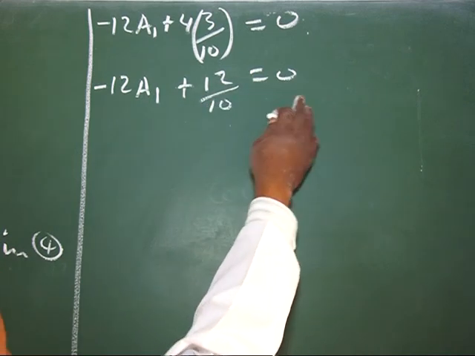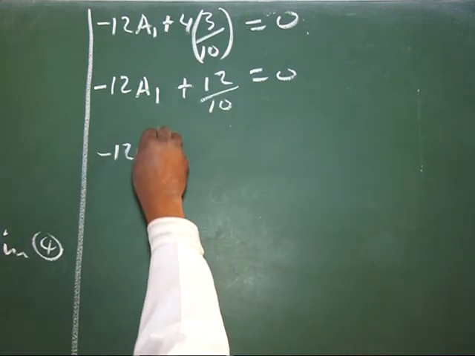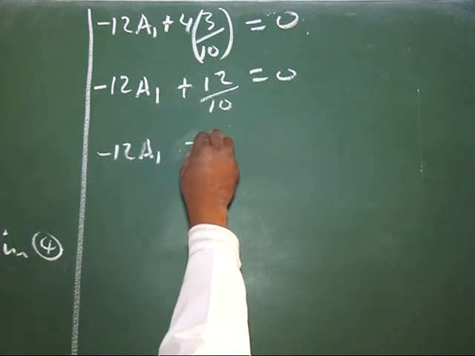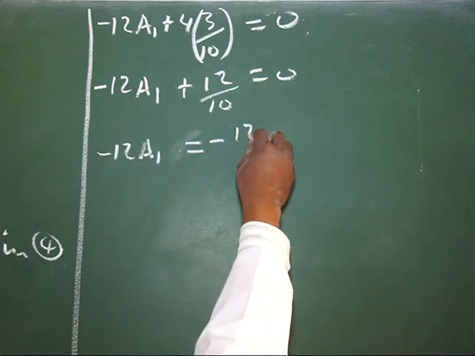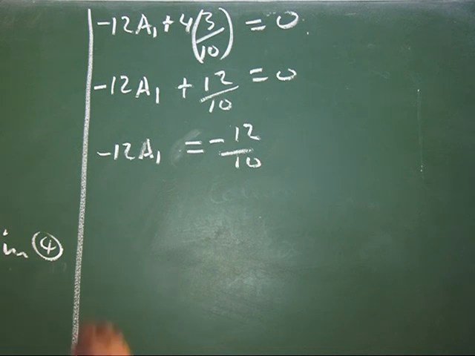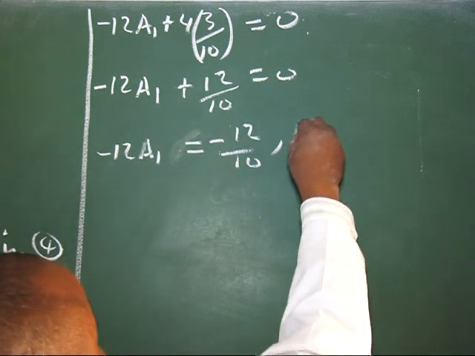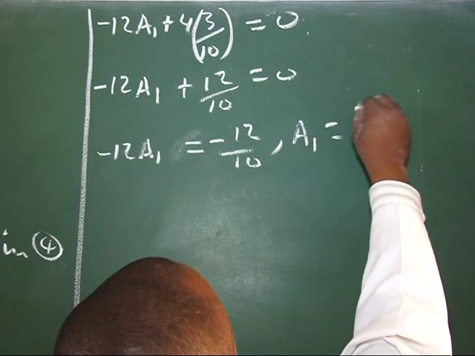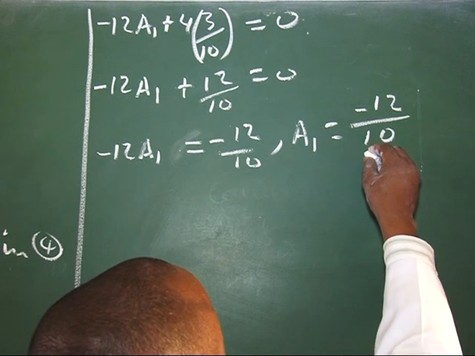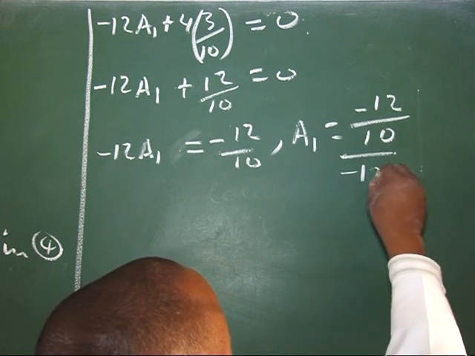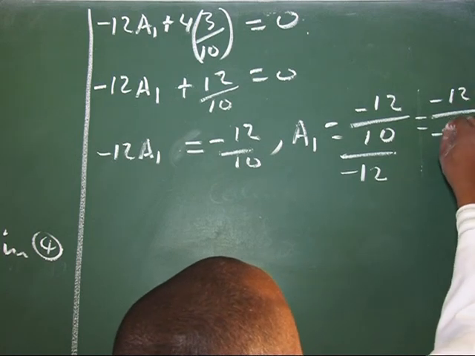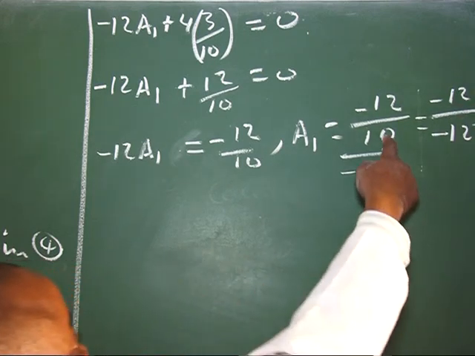If we transfer this to the other side, minus 12a1 will be equal to minus 12 over 10. That means a1 will be equal to minus 12 over 10 divided by minus 12, which is equal to minus 12 over minus 120. Now 12 times this will be 120.